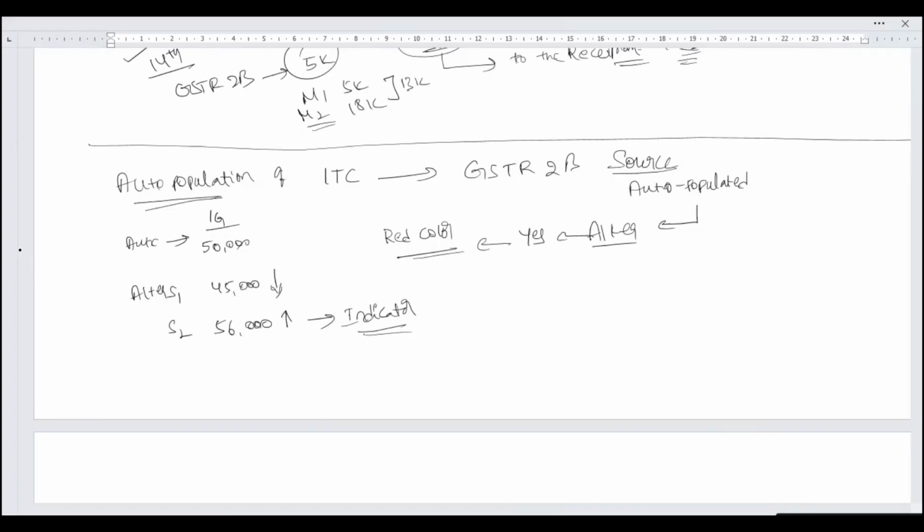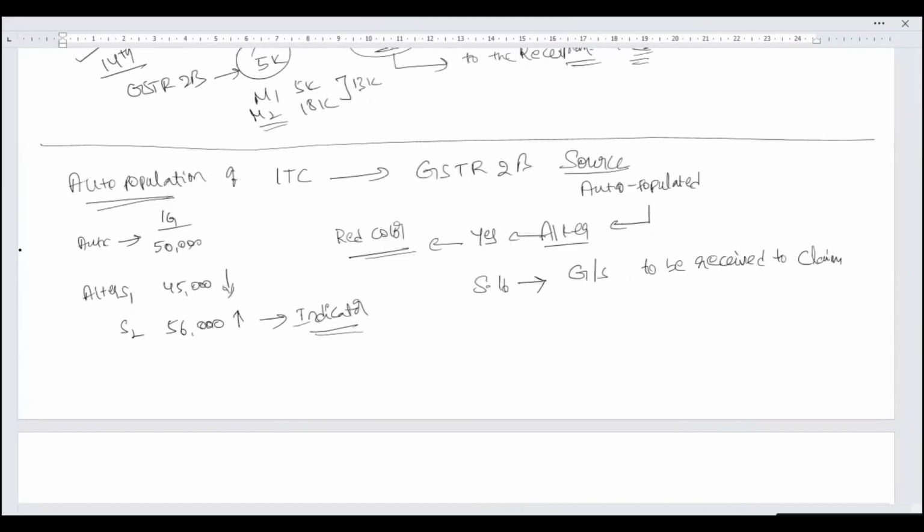Now, there are scenarios where, when we read section 16 for claiming input tax credit, there is one condition: the goods or services must be received to claim ITC. So for a moment, in month 1, my vendor uploaded his R1. Based on R1, the ITC got auto-populated.